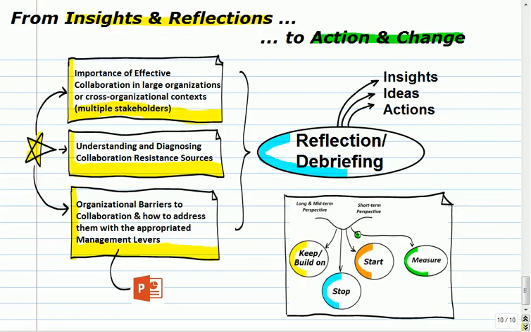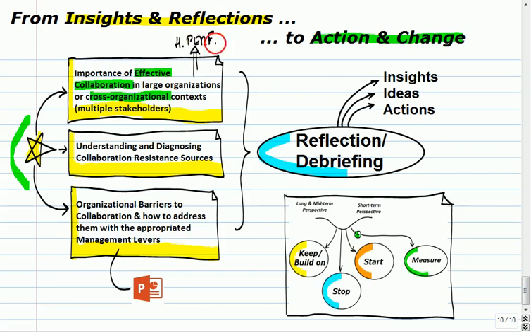Great. So we come here to the conclusion of this step. You remember our objective for this learning module was to stress the importance of effective collaboration. I hope we have seen that if we are facing very complex cross-organizational context, the capability to collaborate is critical to achieve high performance.